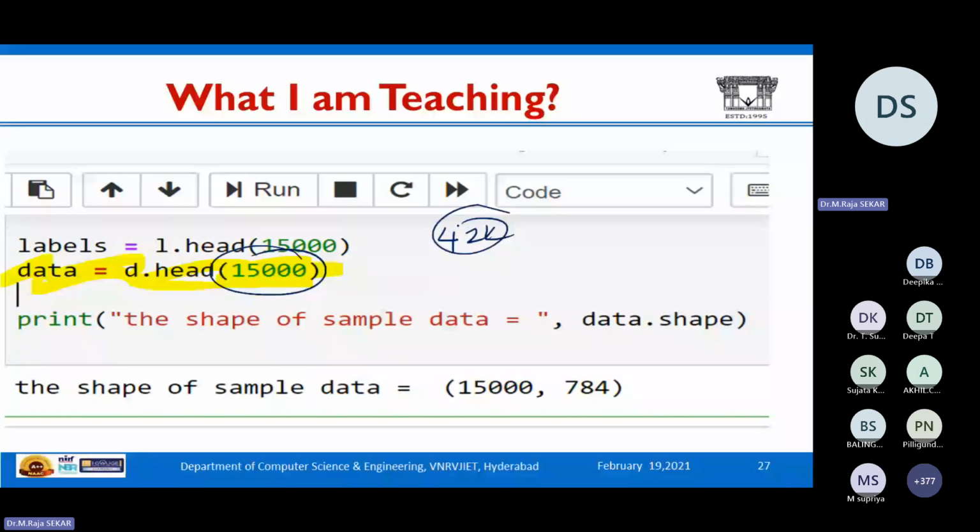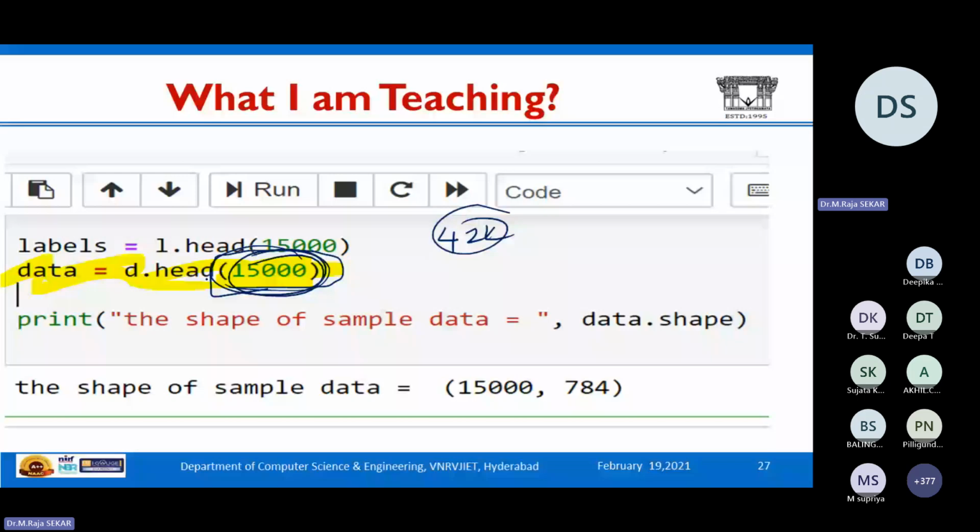Because while executing code, it will take a little more time. That's why I am restricting myself to 15,000 of the 42,000 images.